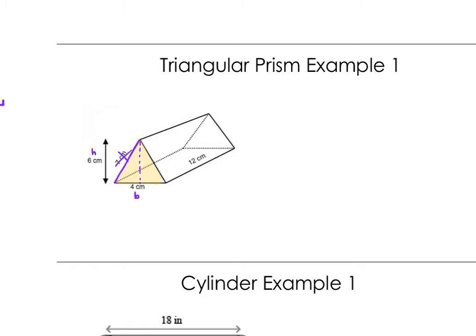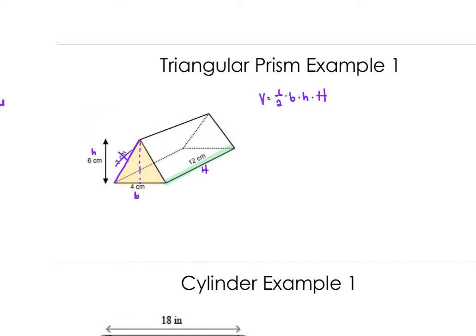Okay, then we have the height of the prism. So in this case, the height goes back since it's on its side. So this is our capital H. Okay, so the 7 we don't need because that's the slant height, but that doesn't help us find the area of the base. So to find the volume of a triangular prism, it's 1/2 times the base of the triangle times the height of the triangle times the height of the prism.